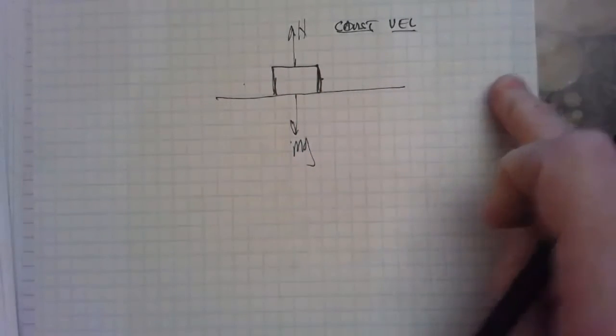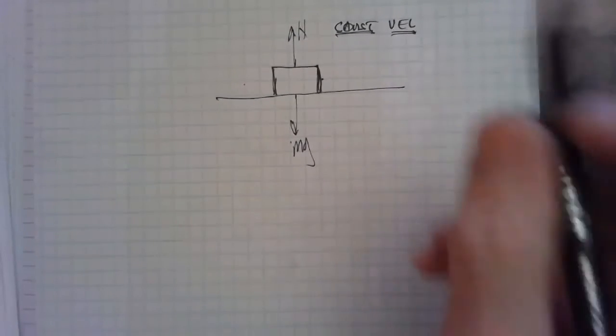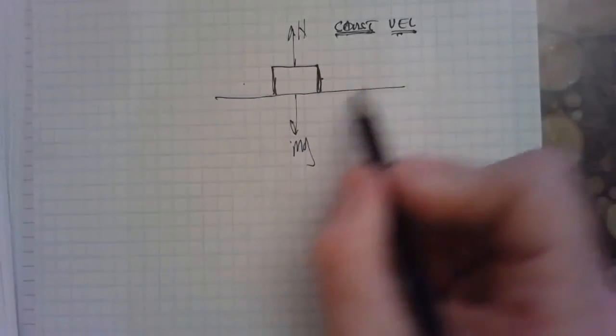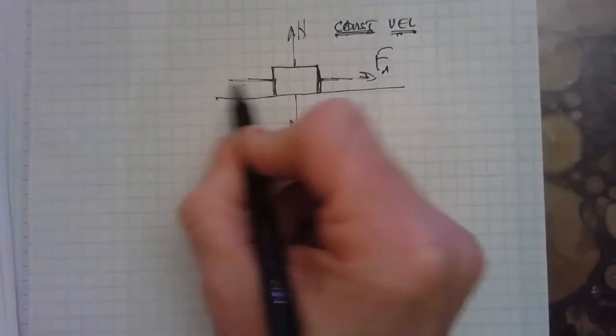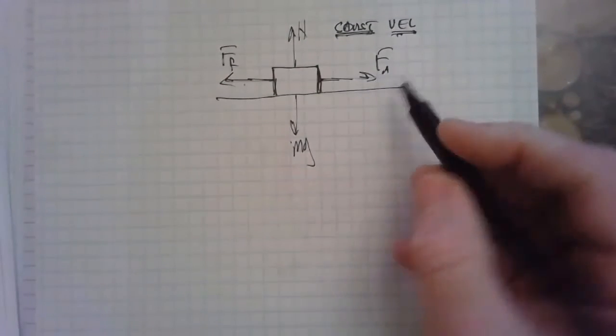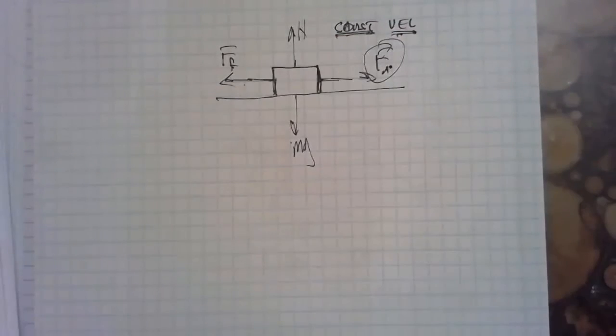What does that mean about your pull and friction? Well, remember, that's a form of equilibrium. So your pull, the force applied, and friction have to be the same. So as you pull it at constant velocity, whatever force you're reading on your force probe is friction.